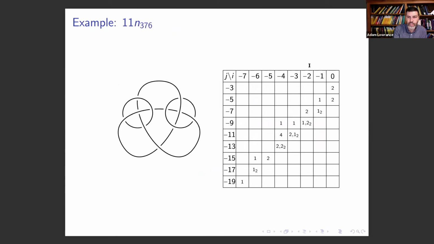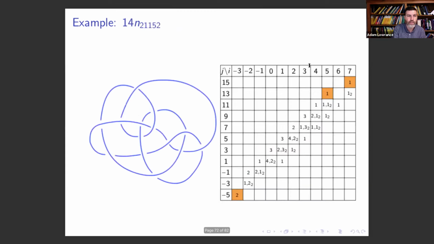For this link, the top coefficient is 2, so that throws it out. The bottom coefficient is 1, but it lives on the wrong diagonal. It's supposed to live on the middle diagonal. So this tells us it's not derived genus 1. And then there's one example here that uses the third part of the theorem. The bottom entry is 2, so that doesn't work. It's supposed to be 1.